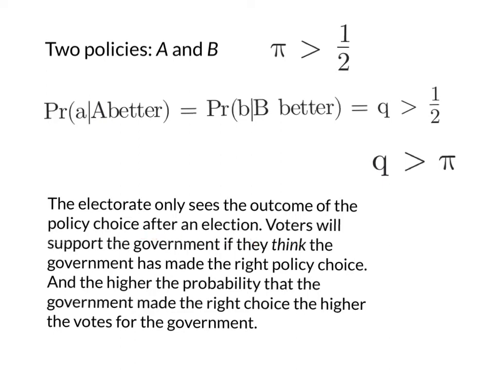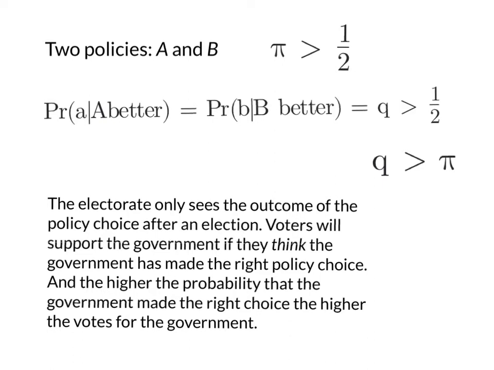Now, voters want to support a government that's made the right policy choice. But clearly they have to vote before they know exactly what is the right policy choice. So voters will support the government if they think the government has made the right policy choice. So the voters are going to have their prior probability, pi, that capital A is the better policy.